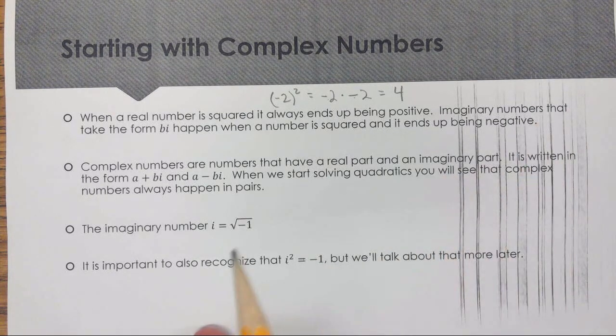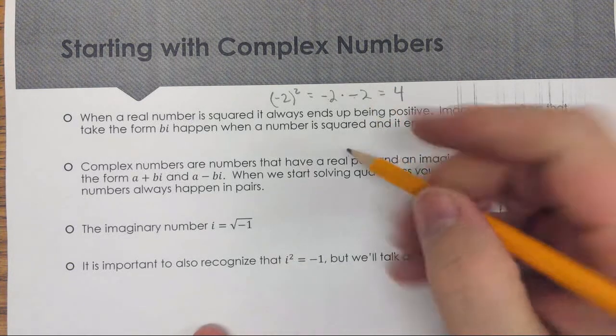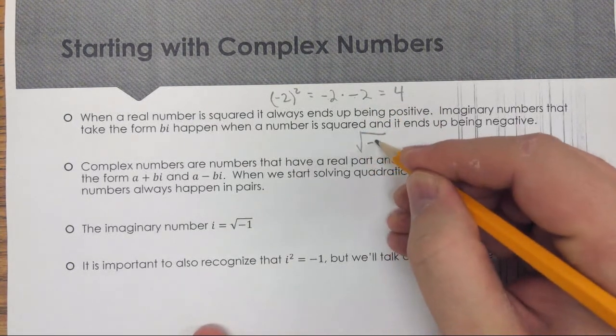Well, when we start working with square roots and things with even roots, so square root, fourth root, sixth root, and so on and so forth, I can put negative numbers underneath of these radicals. Square root of negative 4.